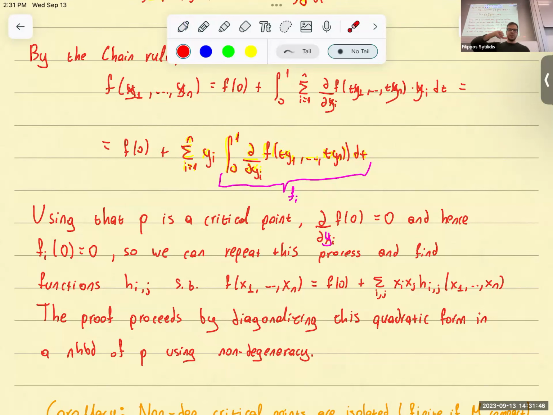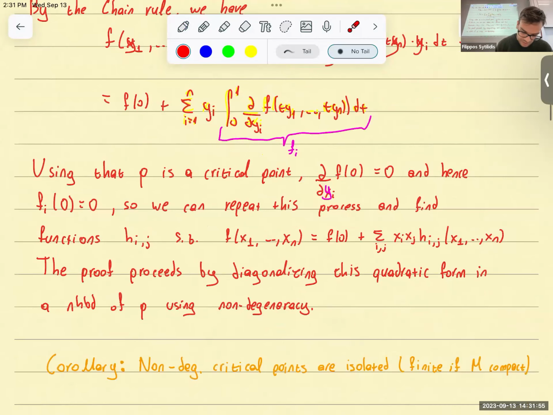Now I can repeat the same process for each of the fi's, and I can write down my initial F as this quadratic: F of 0 plus a sum indexed by i and j, yi times yj times another function in the y variables.